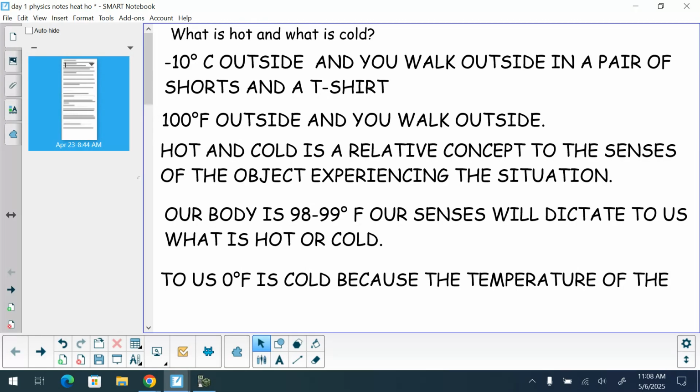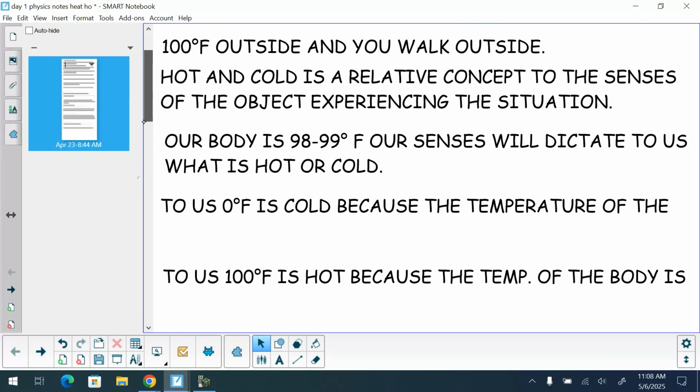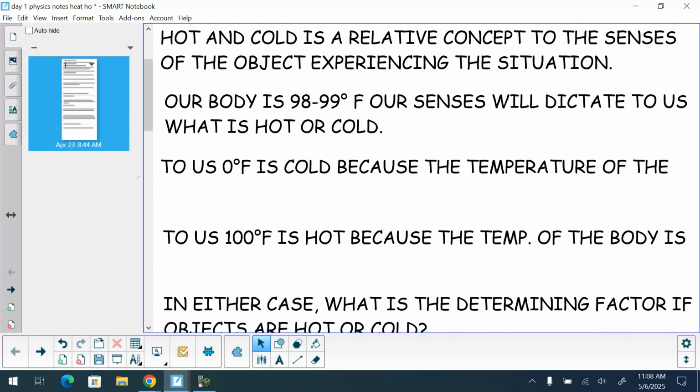So once again, hot and cold is a personal thing. And we use the terms hot and cold just as how we verbalize things. Things are hot, things are cold.